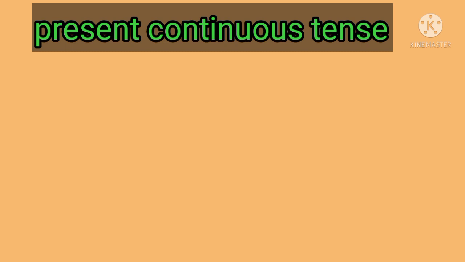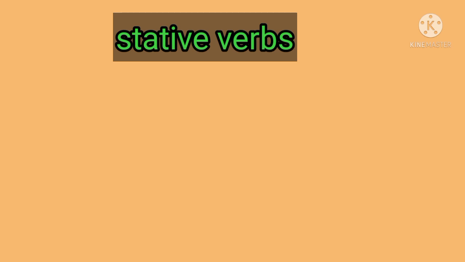These verbs are see, hear, smell, notice, recognize, appear, look, seem, want, wish, feel, desire, prefer, love, like, hate, hope, refuse, think, suppose, believe, agree, consider, trust, remember, forget, know, understand, imagine, mean, mind, and so on. These verbs are called stative verbs in English. Stative verbs do not have ing form or the progressive form.